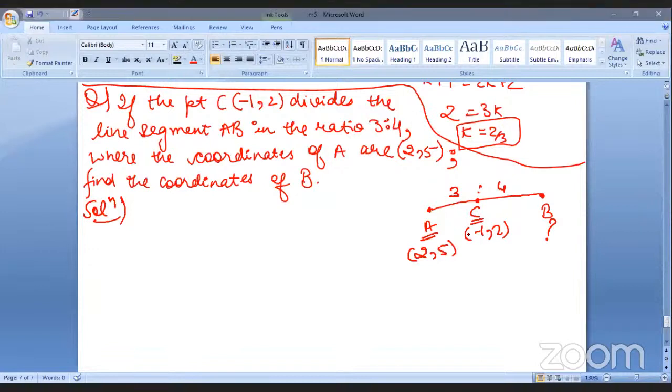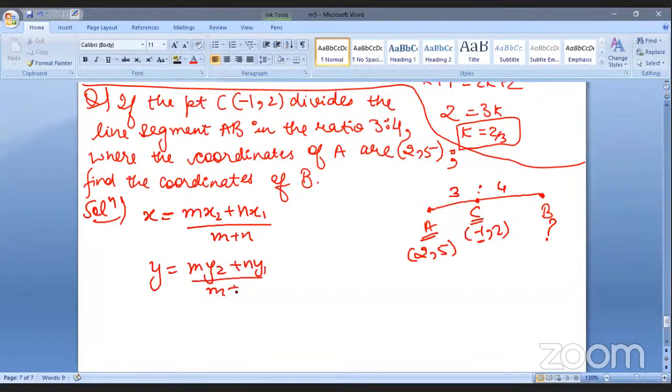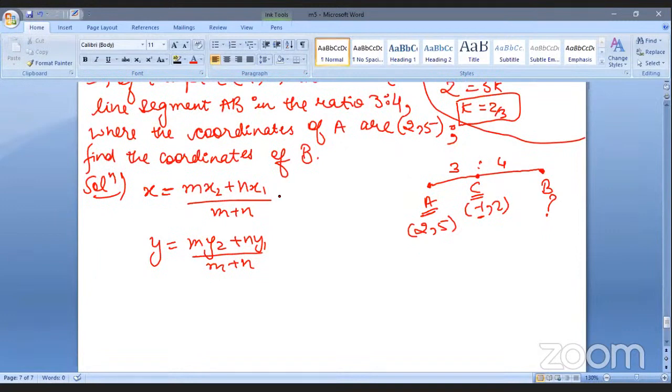Simply, we know that if we have to find x, don't change the formula, just write what it is: it would be (mx2 + nx1) divided by (m + n). Write the original formula so that you will not be confused about what you have to do. Here there is no need to take k as ratio 1, because we already know the ratio is m:n.